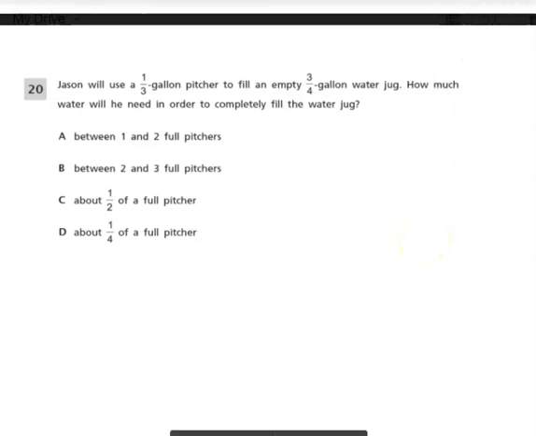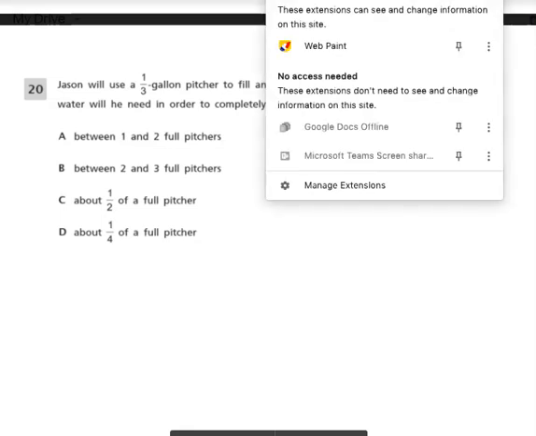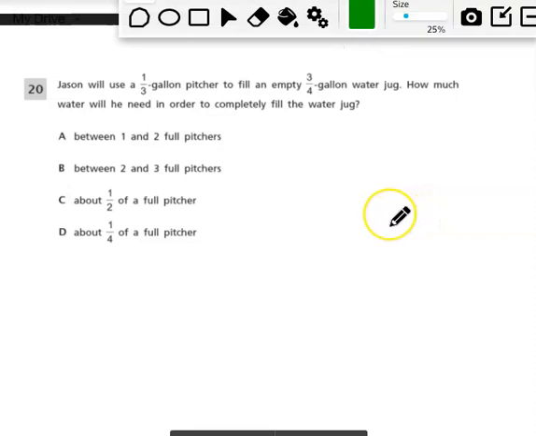I tried to make the denominator 12, so I did 1 times 4 and I got 4, and then I did 3 times 3 and I got 9. Wait, before you move forward, what is the problem that we're solving? How many times do you need to fill up the water jug?